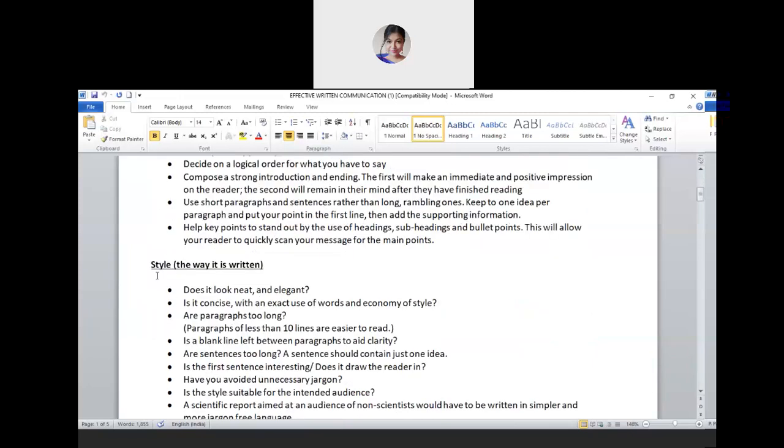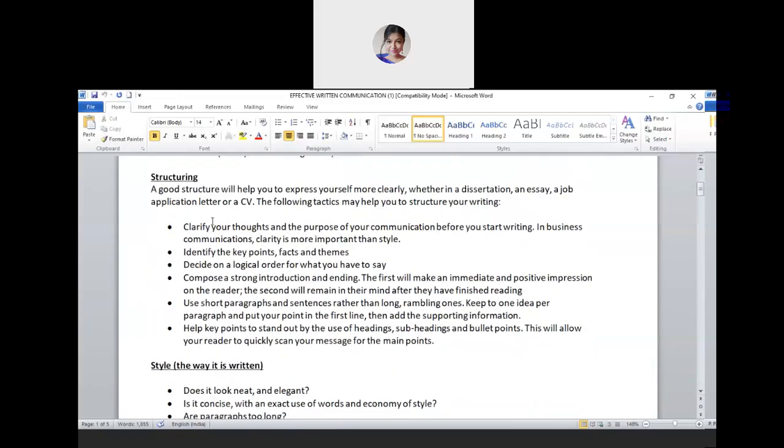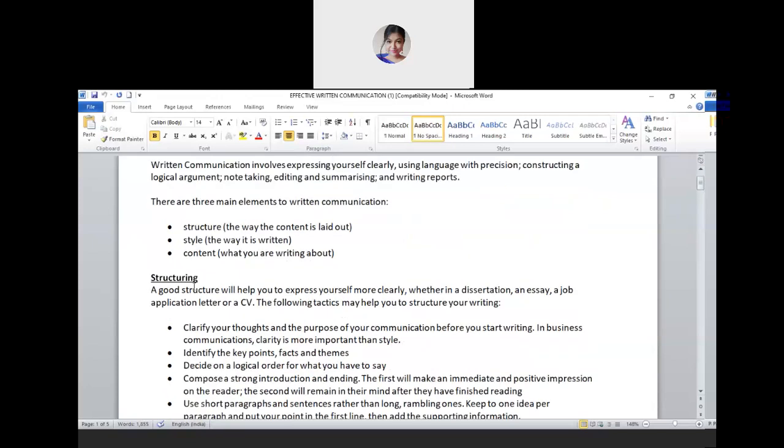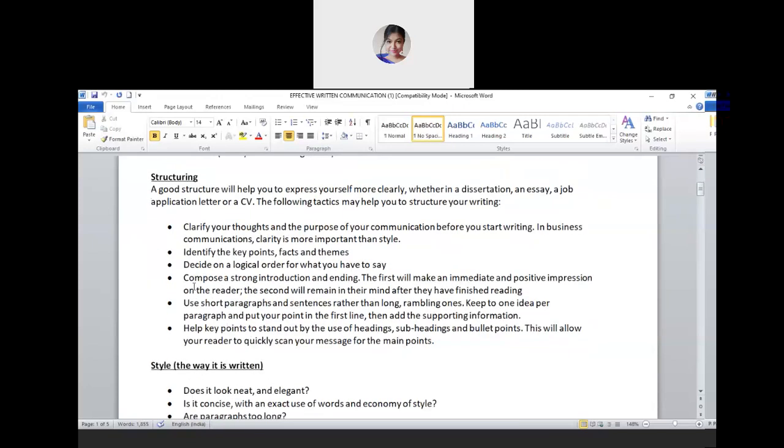And regarding the points, bullet points are used. So you can write headings, you can write subheadings, and you can also use bullet points to highlight the key points, to highlight the main points.